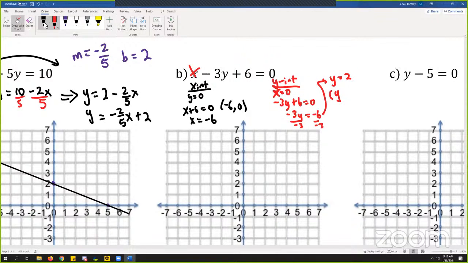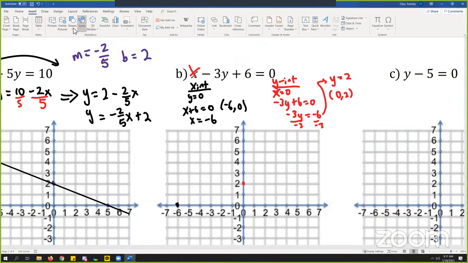So my, whoopsies, I mean 0, positive 2, sorry. Once we have those 2 points, now we can graph it. So negative 6, 0 is down here, 0, 2 is up here, and we can draw our line. And that's it. There's nothing more that you have to do to graph it.